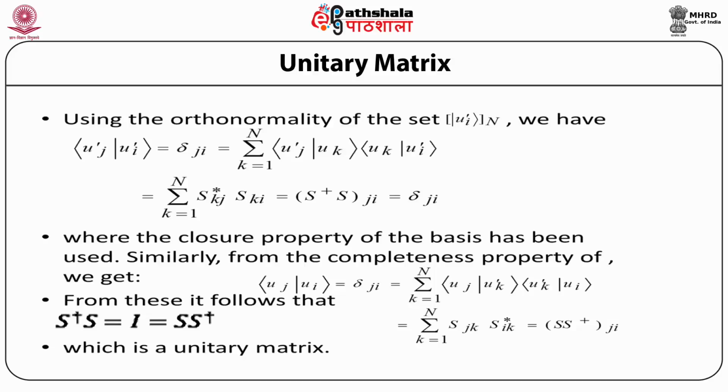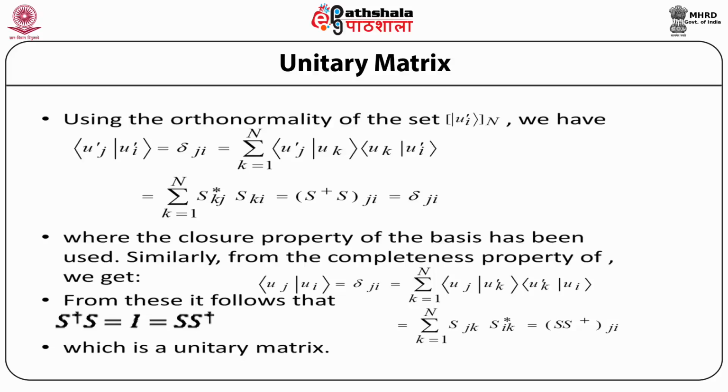and this is equal to the summation over k going from 1 to n of s_kj star s_ki, which is equal to (S dagger S)_ji, equal to delta_ji, where s is the expansion coefficient.